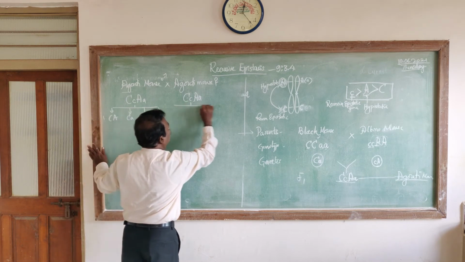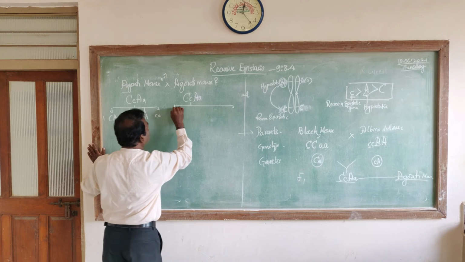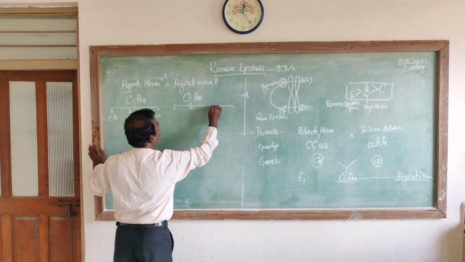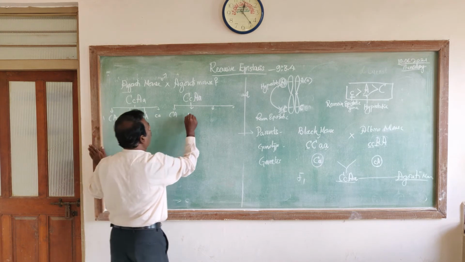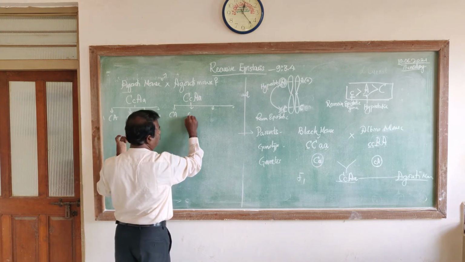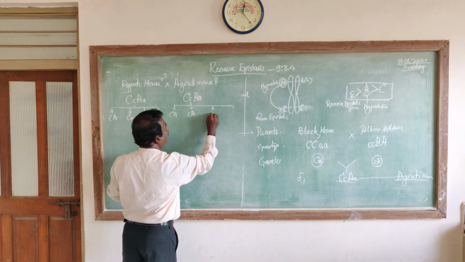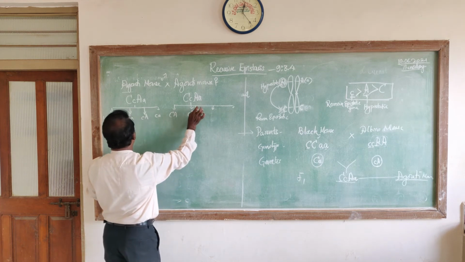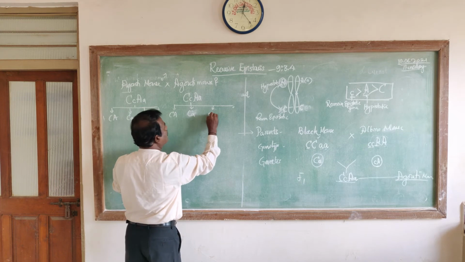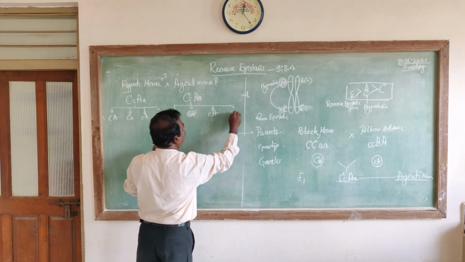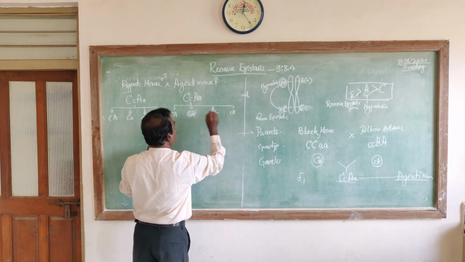Here also there are the 4 allelic combinations in their respective gametes: once again capital C, capital A, and here small c, capital A, and this is capital C, small a, and last one small c, small a, right?